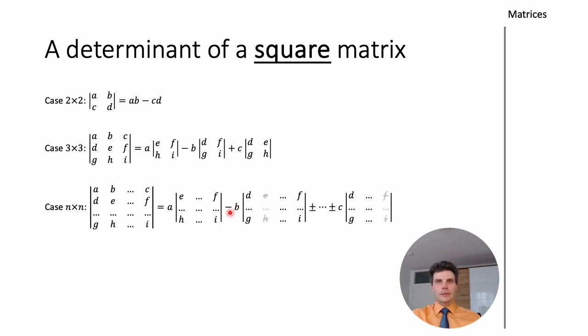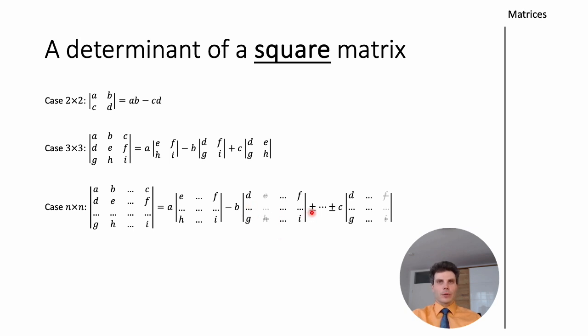Then we write the minus sign, take the number b, and compose the matrix of d, h and other columns except for the column that b belongs to, and of course except for the row that b belongs to, which is shown here. So the column that is composed of e and h is just crossed out. It doesn't belong to this matrix.